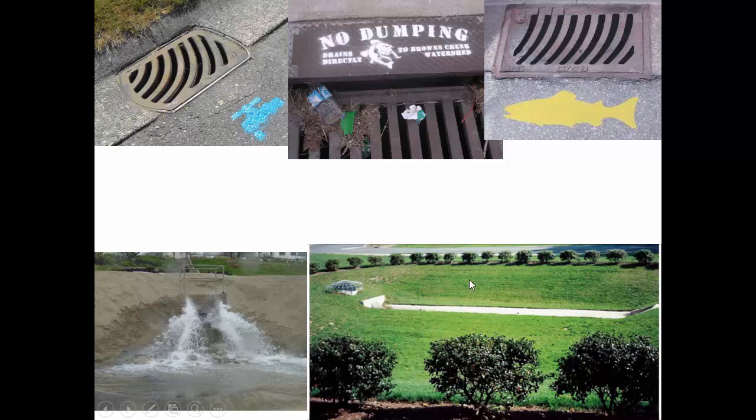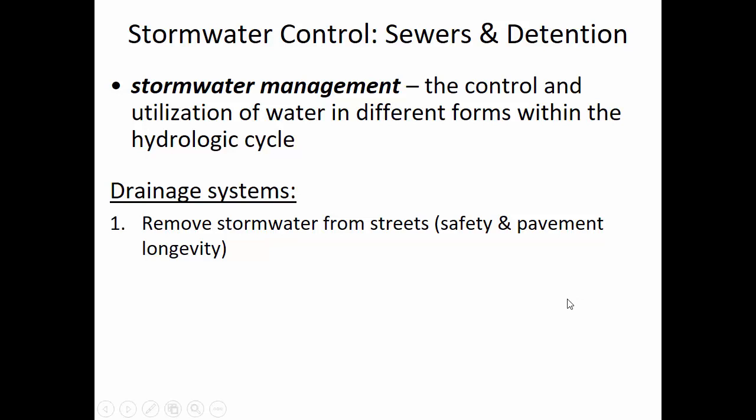And so if you look around, sometimes you can start to see what just maybe looks like a grassy area is actually meant to be a stormwater treatment and conveyance system.